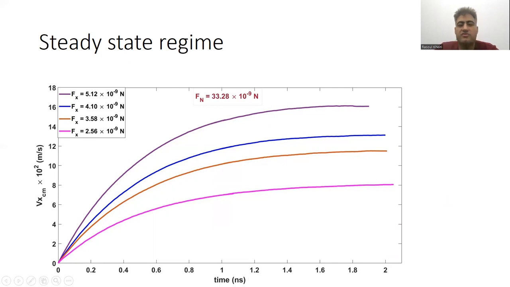So generally, after a few nanoseconds, the particle will reach nearly a steady state, when the particle will continue to move at a constant velocity. Then we gather data. At this point, we record the velocity at steady state to see the friction coefficient's relation to the velocity.